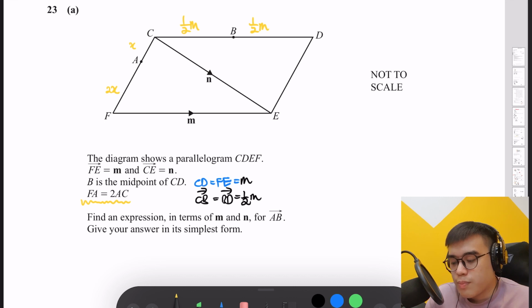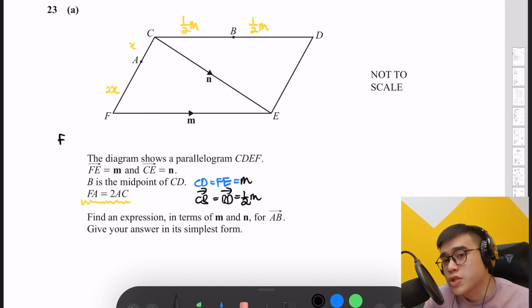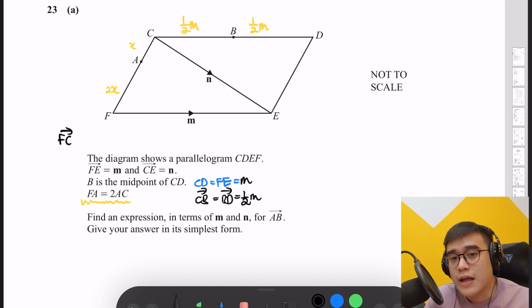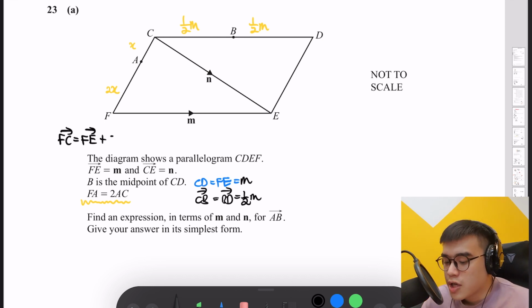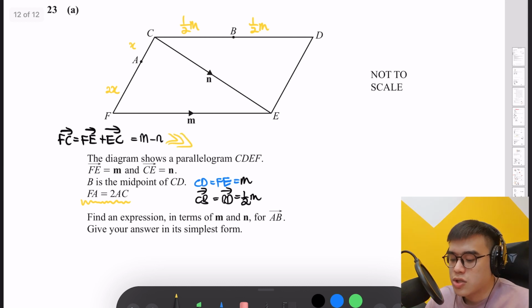Since I know it was surrounding FC, the first thing I have to identify was the vector F to C. To get to FC, I have to go through FE plus EC, which is m minus n. So FA itself, like I said, is 2/3 of FC.